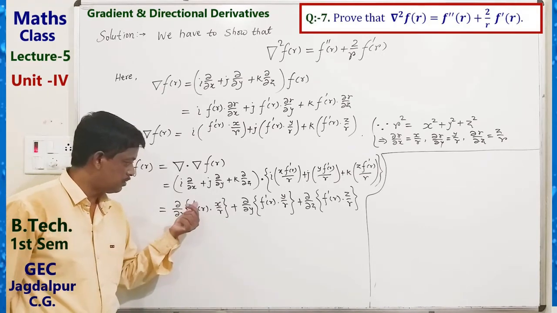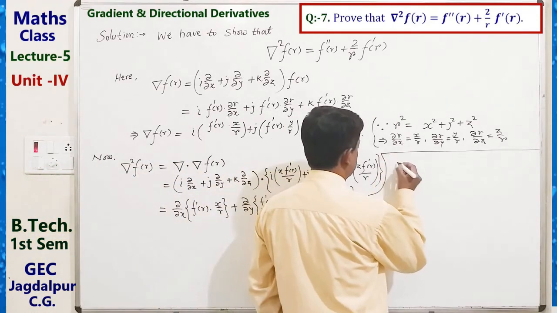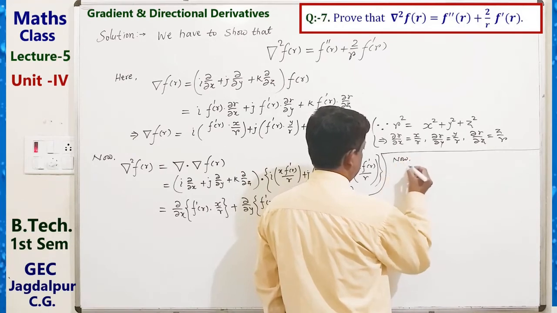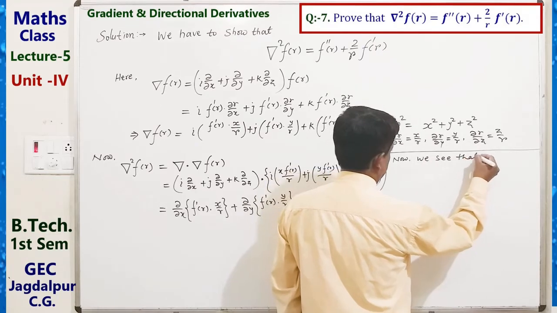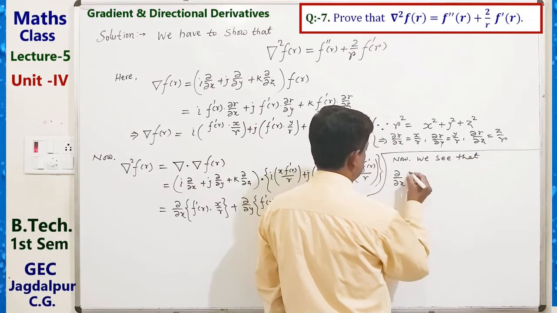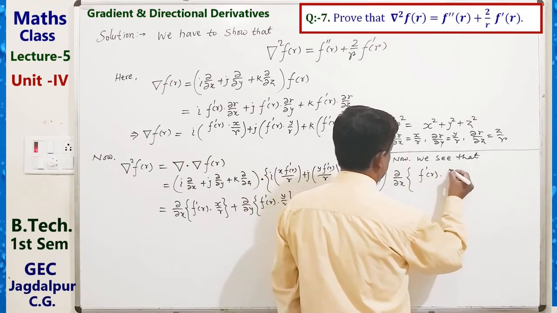So first term: f double dash r del r by del x, into x by r.